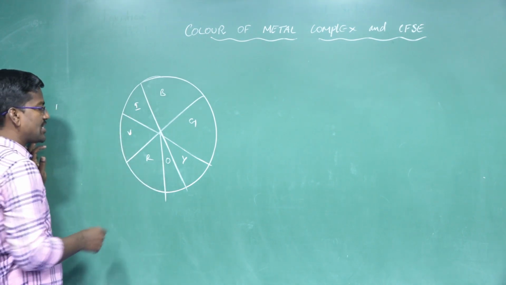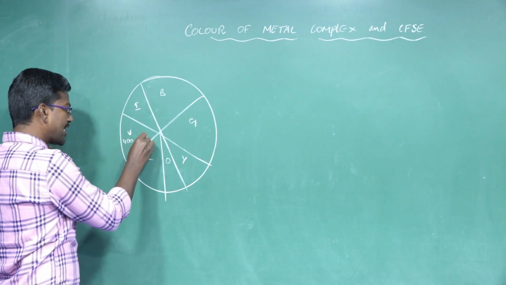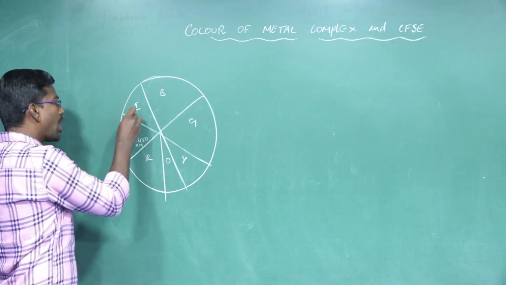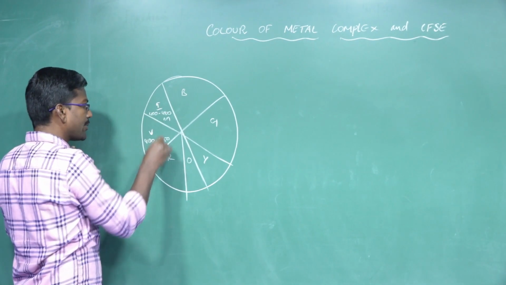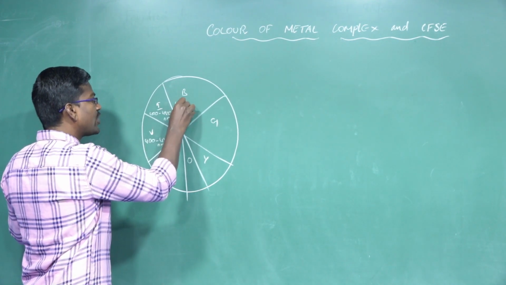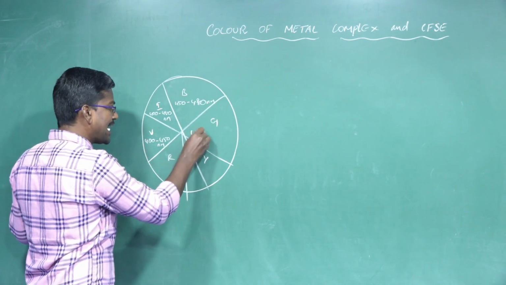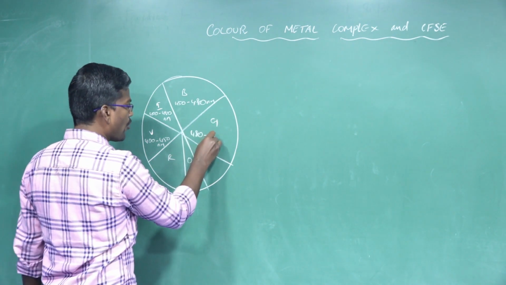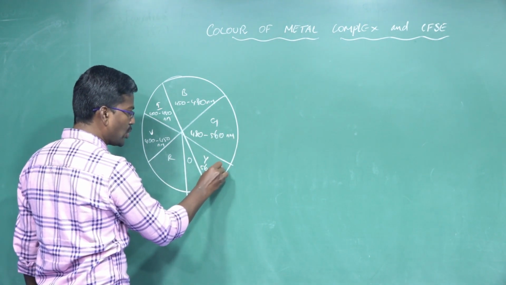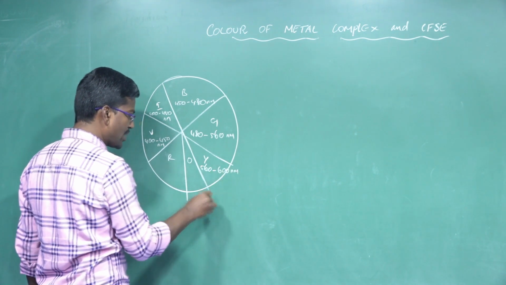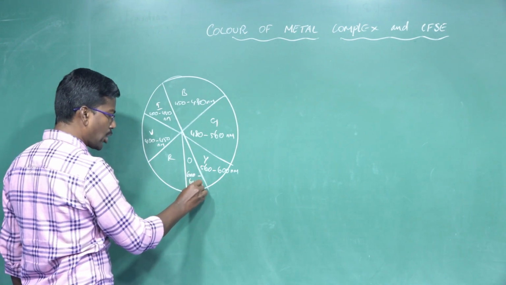Regarding the wavelengths in this visible region, violet is 400 to 450 nanometers. Indigo is also 400 to 450 nanometers. Blue is 450 to 480 nanometers. Green is 480 to 560 nanometers. Yellow is 560 to 600 nanometers. Orange is 600 to 640 nanometers.